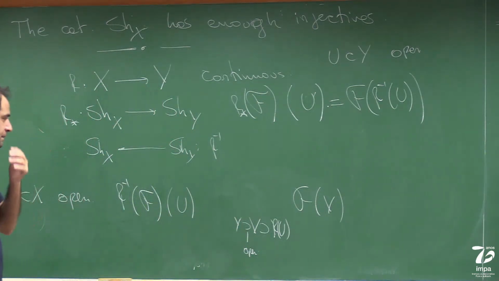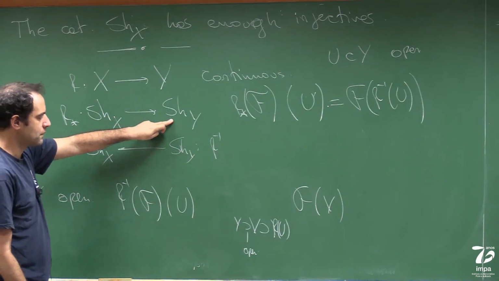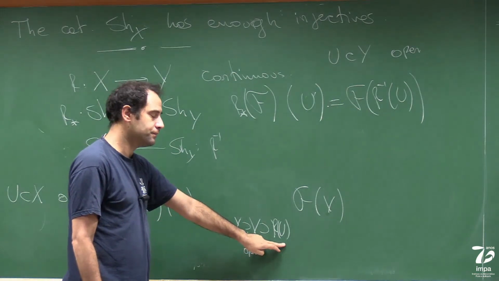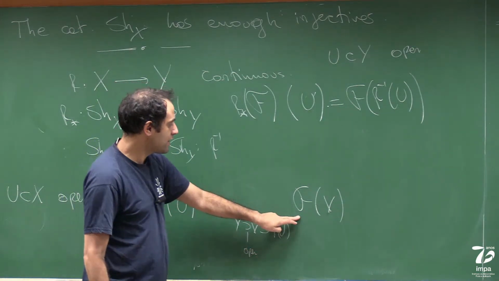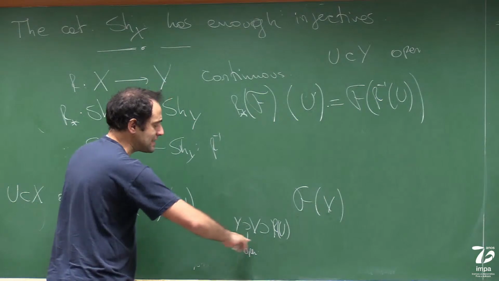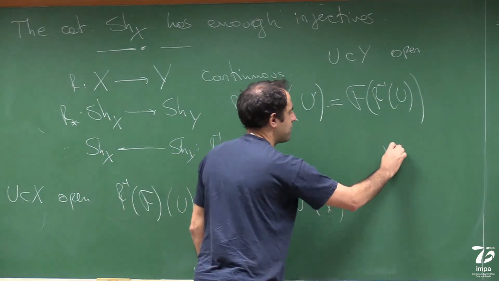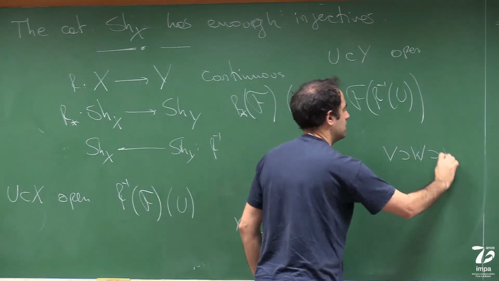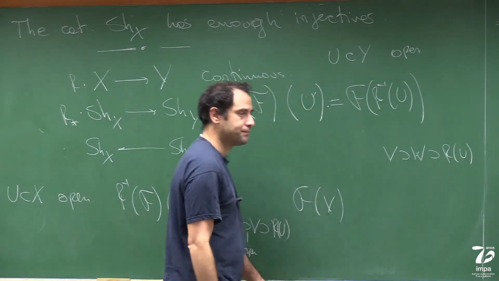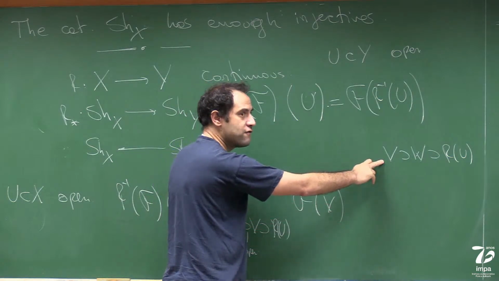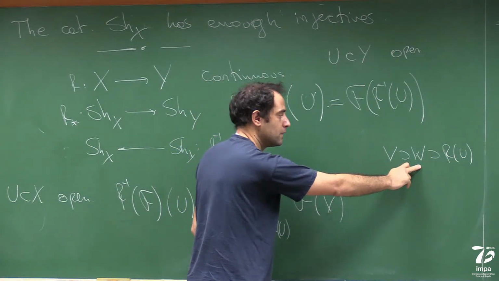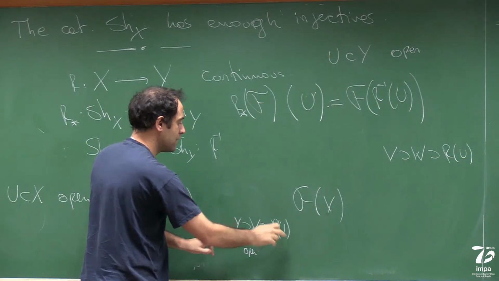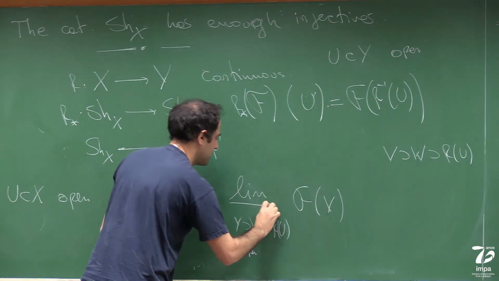Open in Y. So I started with F as a sheaf on Y. I look at all the opens in Y that contain f of U, and I evaluate F on that V. Now, this is a directed system. If I have V that contains f of U and some W, and both of them contain f of U, then any section on F of V I can restrict to F of W. So guys like this form a directed system, and I can take therefore the limit of those.